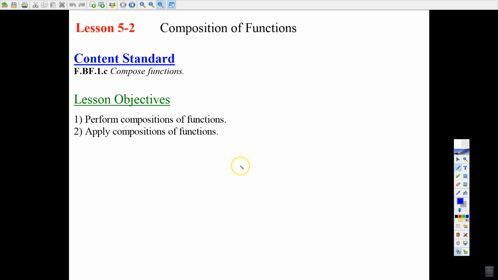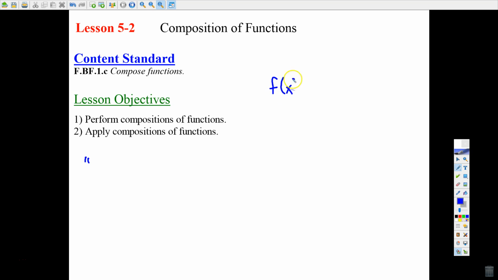So what I would like for you to do is think about this little phrase. It's not going to make a whole lot of sense to you at the beginning, but when you think about composition of functions, we already know the idea of a function.